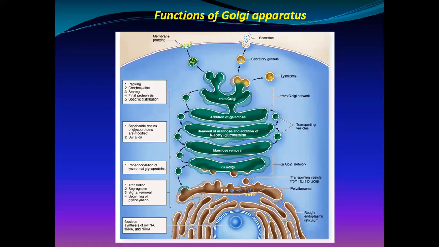Retrograde is from the Golgi to RER. So this is the function of the Golgi apparatus. Most of the time, proteins are modified: phosphorylation, glycosylation, sulfation, and some proteolytic cleavage of polypeptides. All these happen in the Golgi apparatus. You can read the additional note; this is what is happening in the Golgi apparatus.